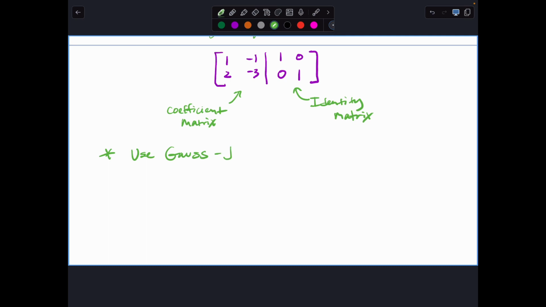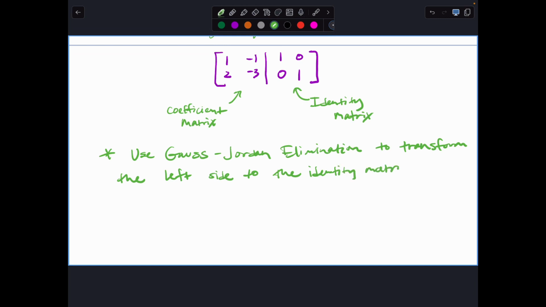We're going to use Gauss-Jordan elimination to transform the left side to the identity matrix, because that's essentially what Gauss-Jordan elimination does.